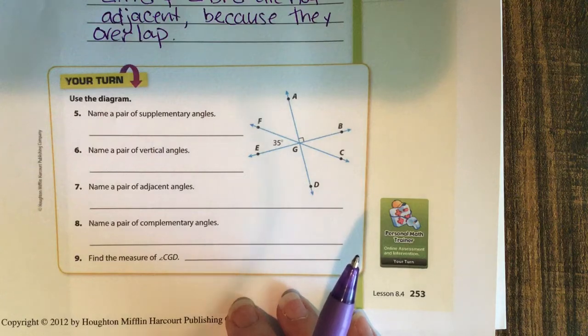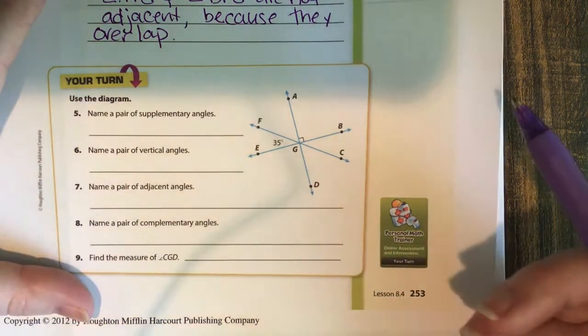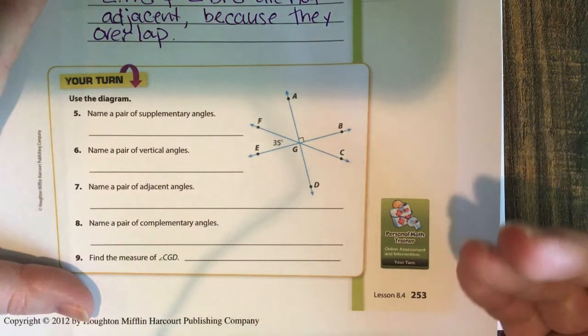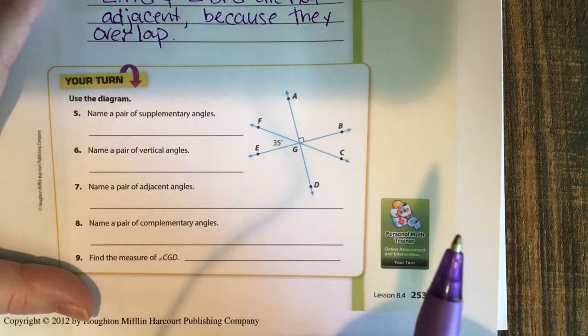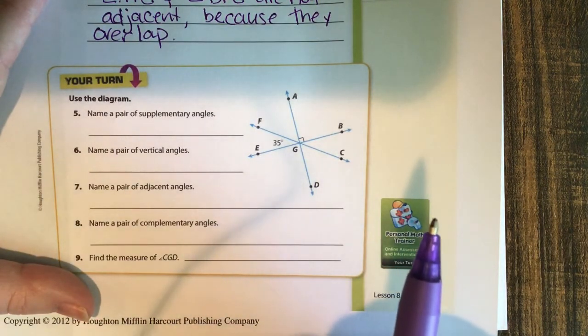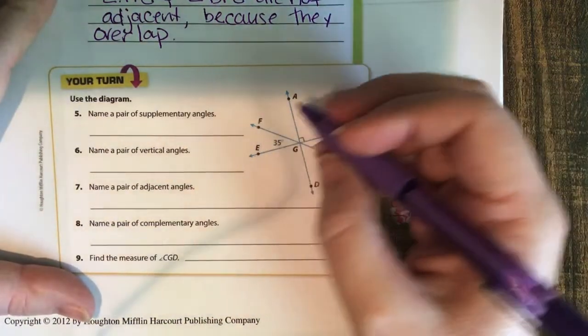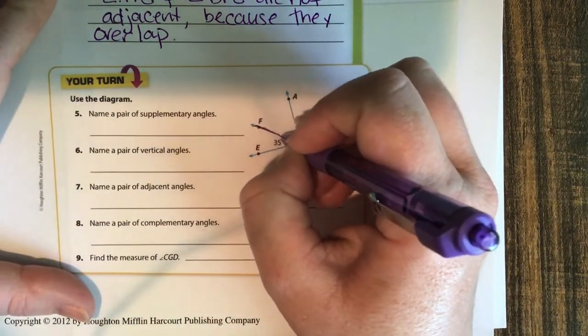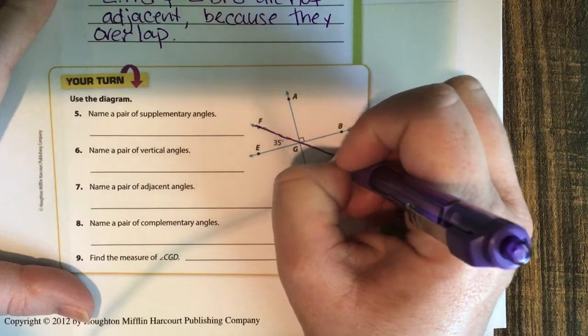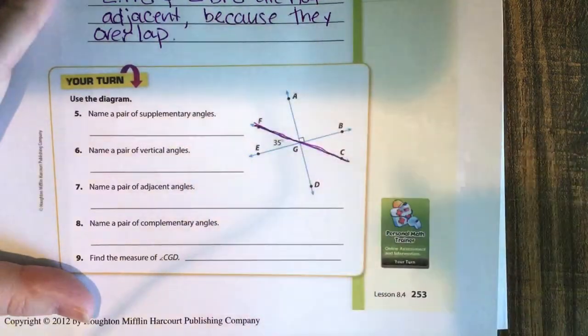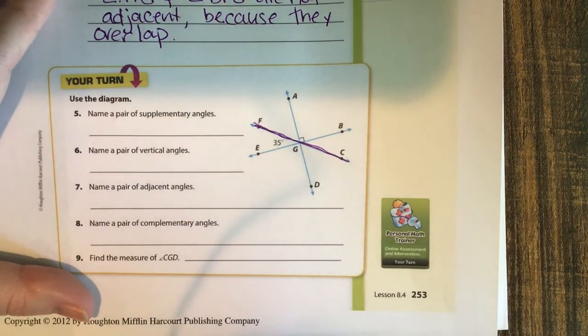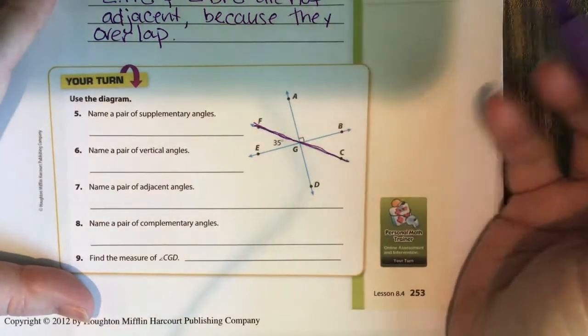It says we need to name a pair of supplementary angles. There are lots of supplementary angles here. I'm not going to name them all, but to help me do that, step one, we find a line. Find a line that goes all the way across. The first line I see is this line here. This is just what jumps out to me. Then we just have to take this line and break it up. It's already broken up into two pieces.